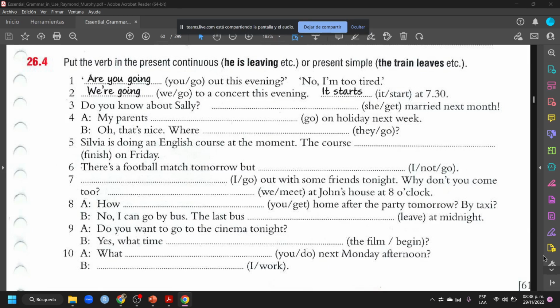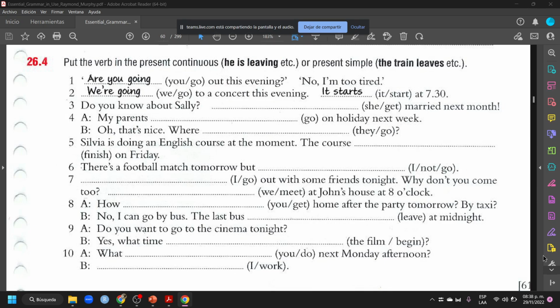Okay, number 8: how are you getting home after the party, by taxi? No, I can go by bus. The last bus leaves at midnight.